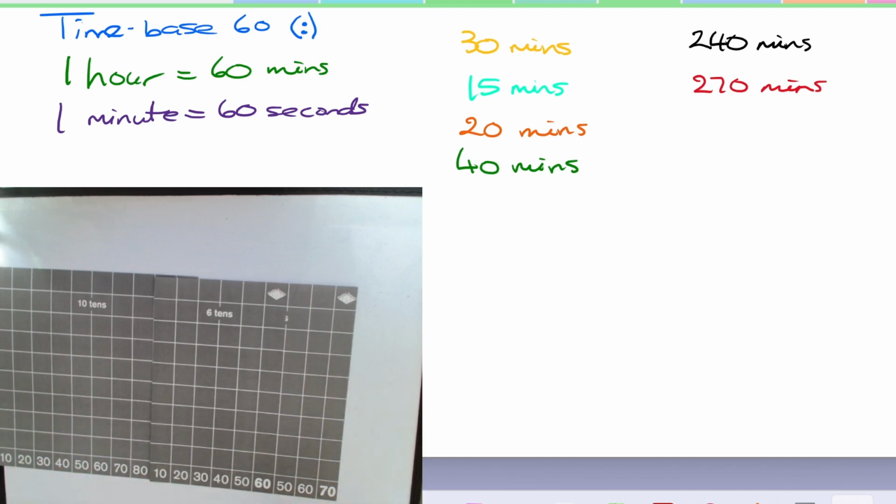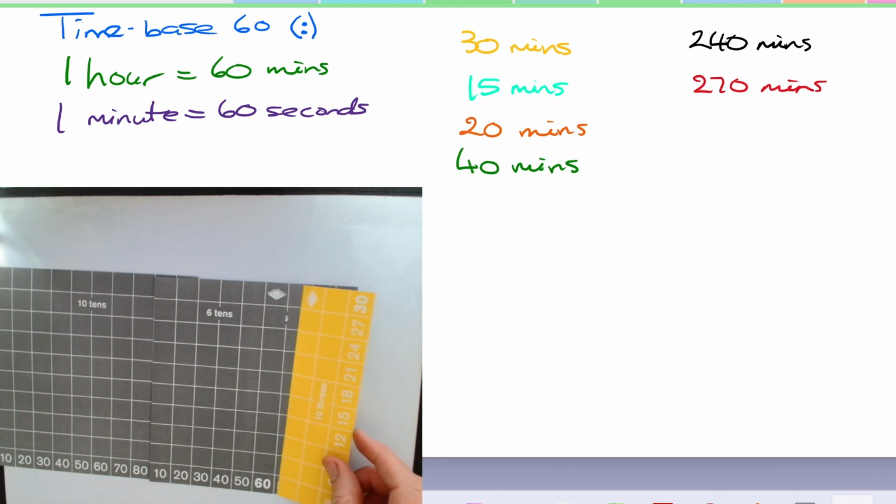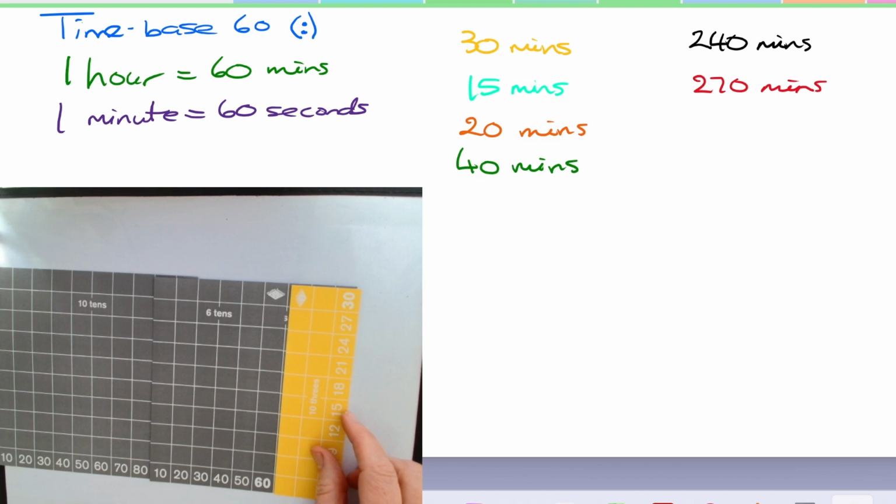And then I've got these last remaining 30 minutes left over. So you can see that 270 minutes is 4.5 hours. It's 4 full units of 60 minutes and then the 30 minutes that's left over.